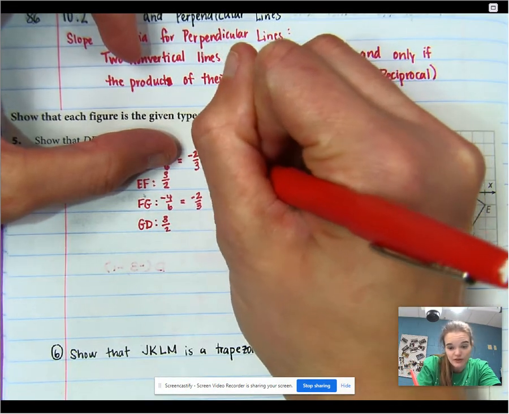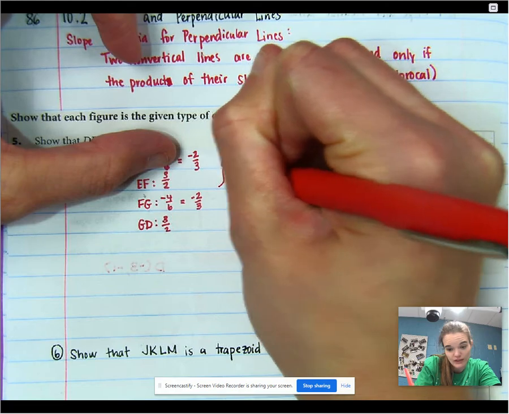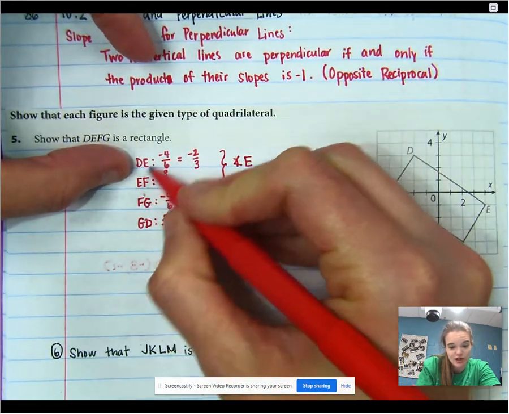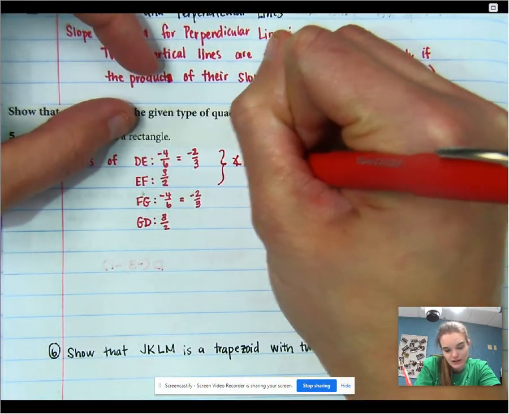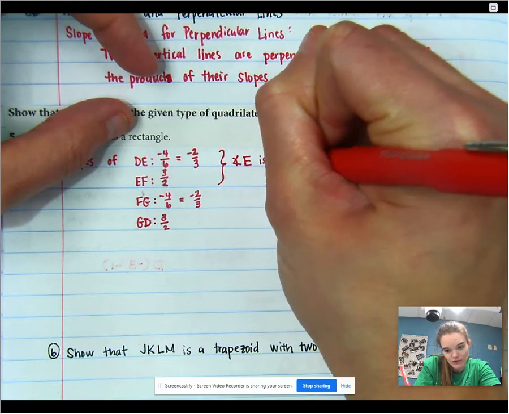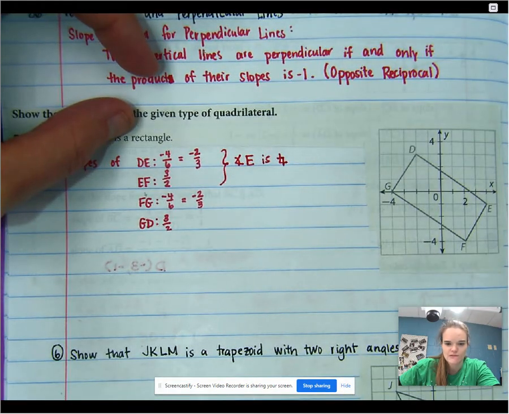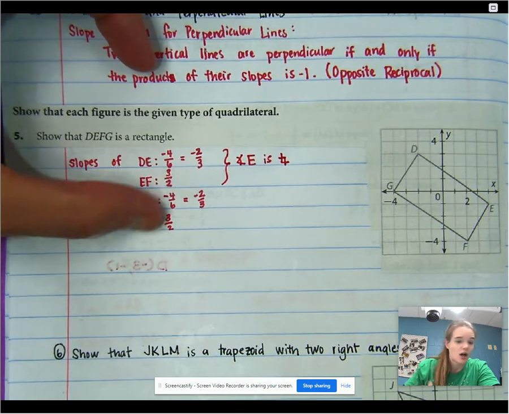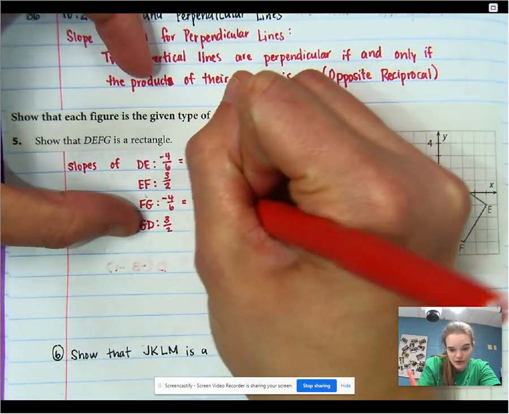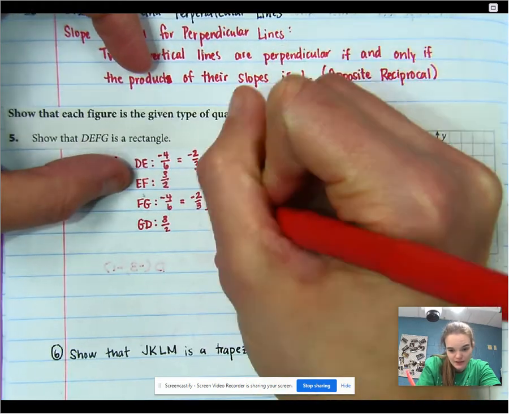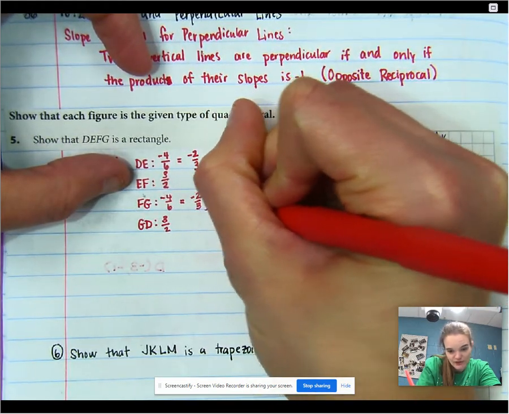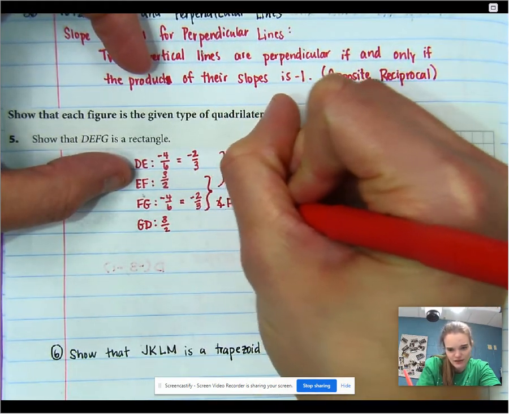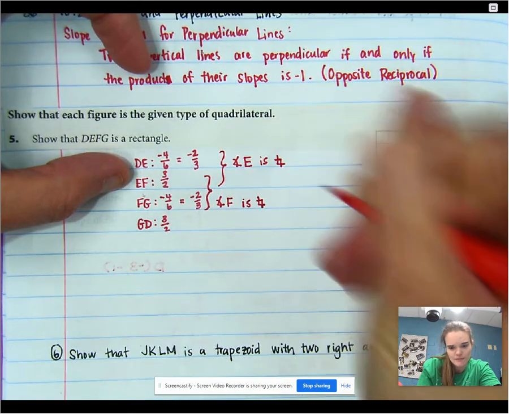That means with these two, angle E, which is the one they have in common, is a right angle. Okay? Now, let's move on to the next one. EF and FG are also opposite reciprocals. So these two mean angle F, because that's the one they have in common, is a right angle.